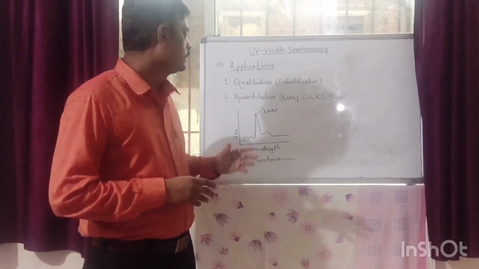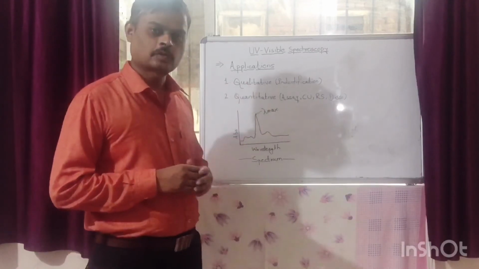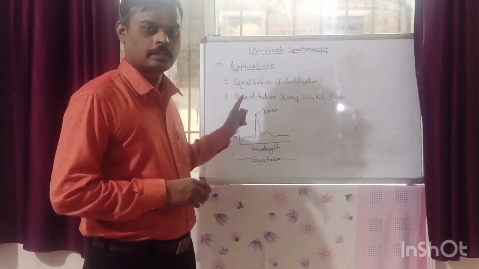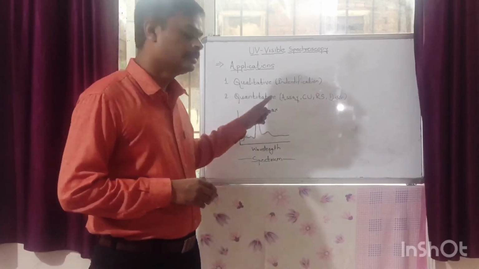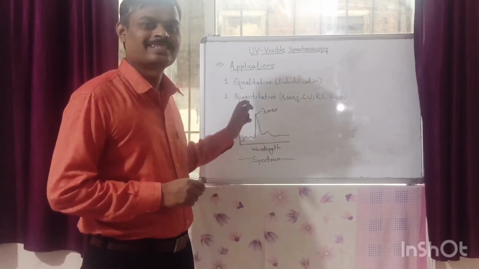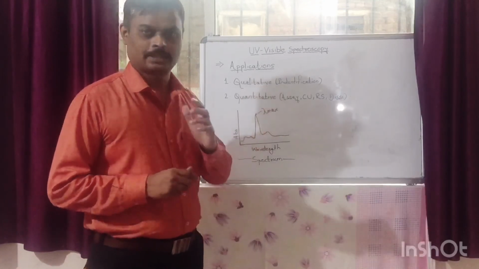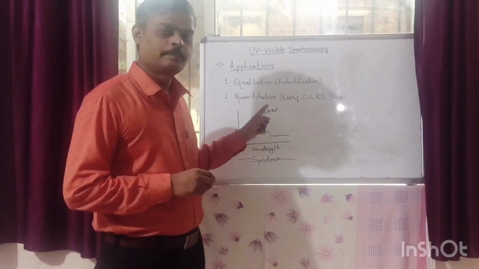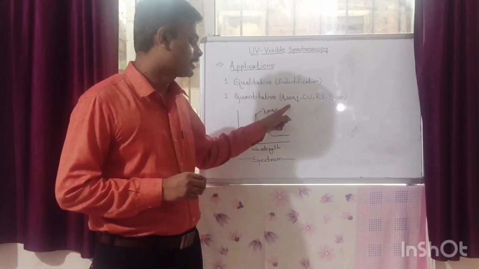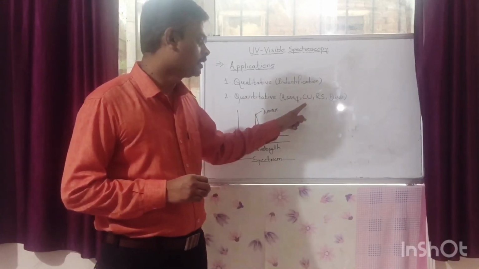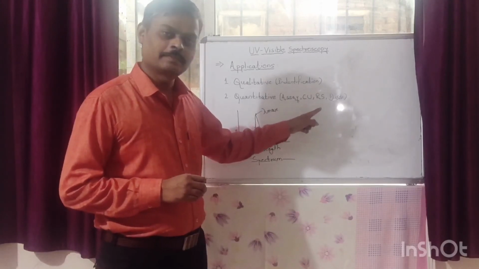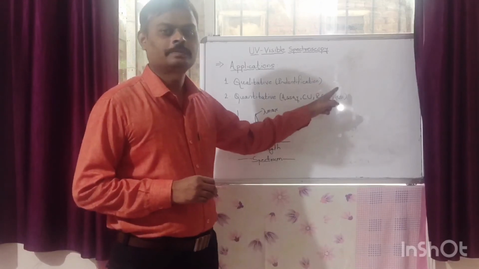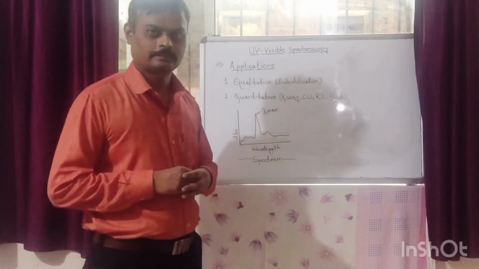Similarly, UV visible spectroscopy can also be used for quantitative determinations, where you can quantify the concentration of your unknown samples. This can be used in assay, content uniformity, for determination of impurities, and for determination of dissolution results.